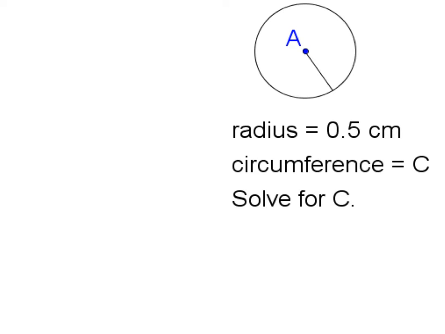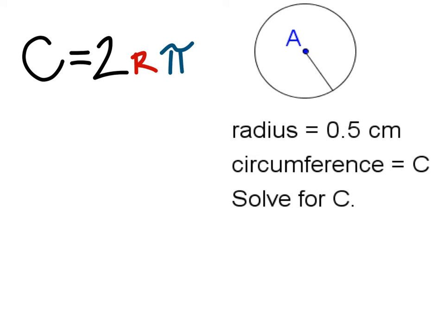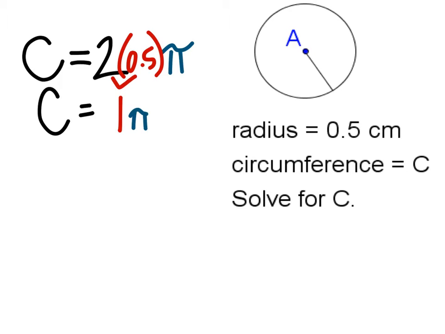Alright, so we're trying to find the circumference on this one. And we just saw that the circumference is 2 times the radius, and then we would multiply that by pi. So the circumference would equal 2 times the radius, but the radius, right here, shows as 0.5. So 2 times 0.5 is 1, and that would be 1 times pi.